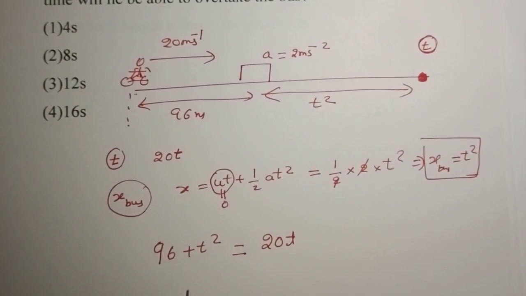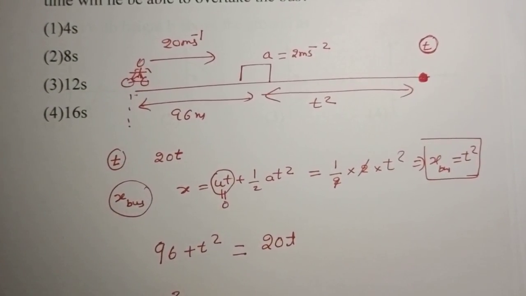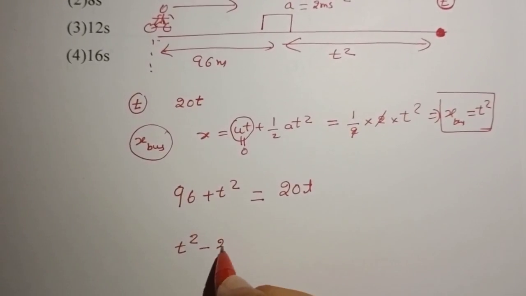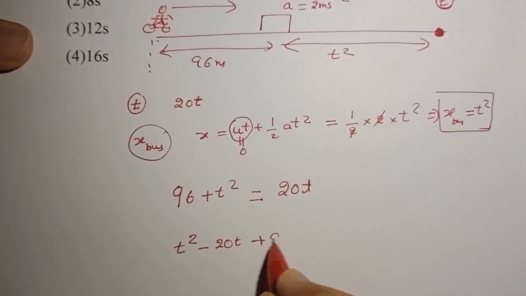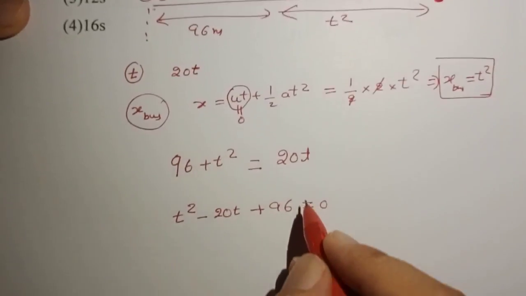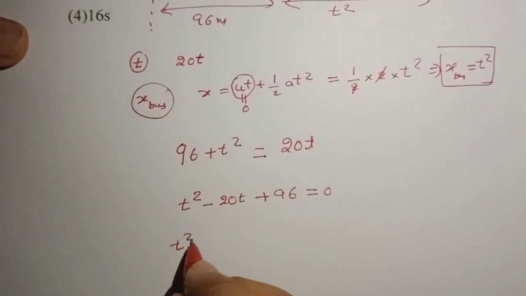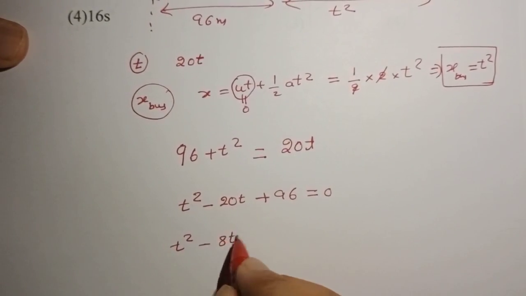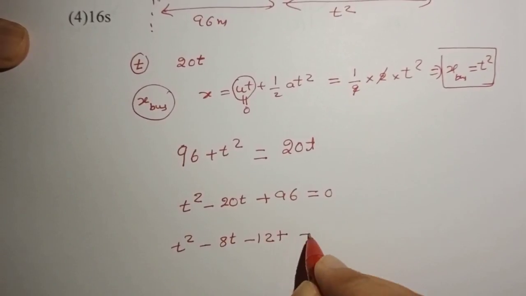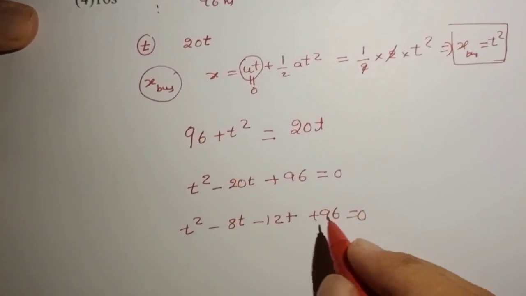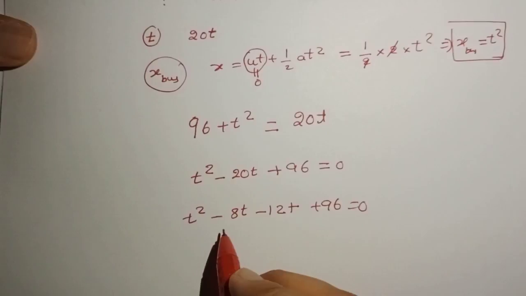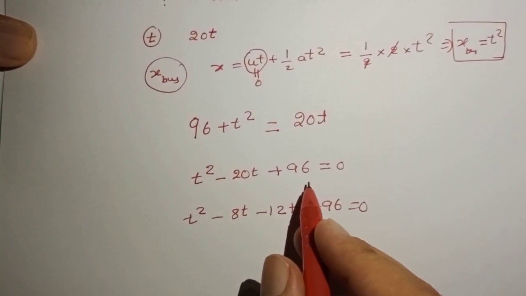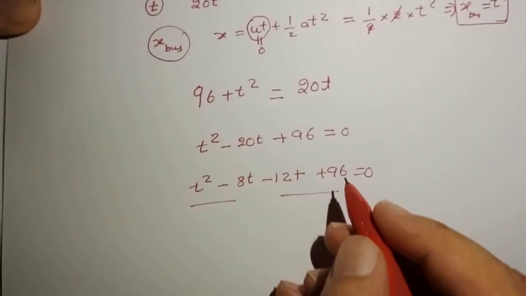So I can write t square minus 20t plus 96 equal to 0. I can write this as t square minus 8t minus 12t plus 96 equal to 0, because minus 8 into minus 12 will be plus 96. Now what happens?